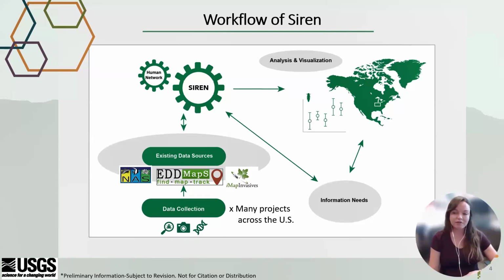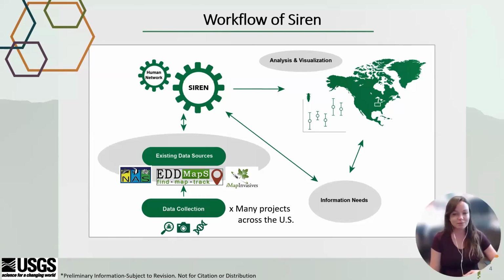From there, the information from these sources will be shared with SYREN, where the information and data will exist in a centralized location. And in turn, SYREN will share the information that it receives from other data partners directly back to these data sources.